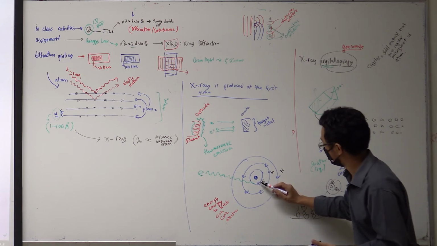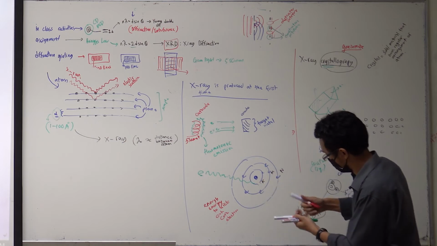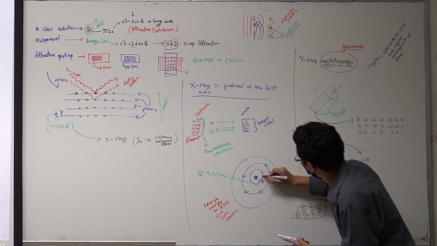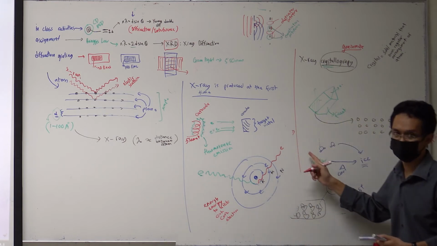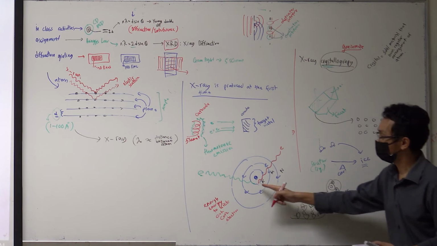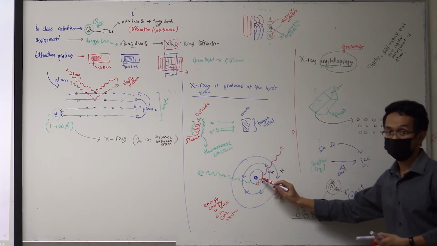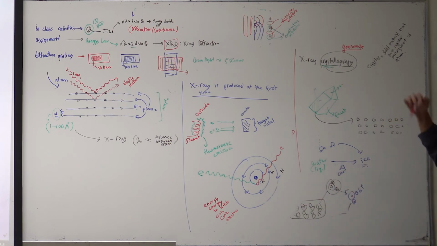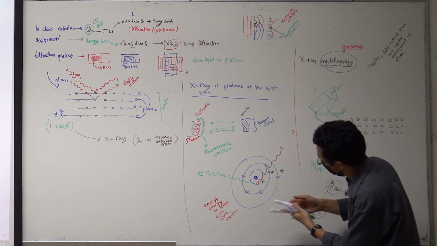So this electron will be kicked out. Let's say in red, they will kick out. So when this is kicked out, now this becomes vacant. No more electron. We know before that in order to be stable, you need to fill the ground state. So what happens?